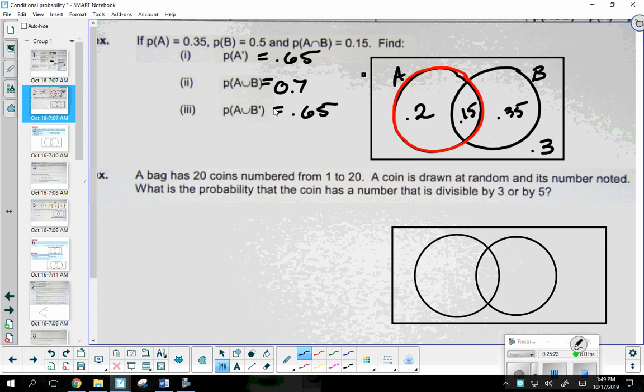0.65. Okay. So when you're looking at these kinds of ones, if you're going to just shade it in, the first thing I'm going to do, I want A union B complement. So I'm going to shade in A first. Okay. But then I want to take everything outside of B. Now remember, in this instance, even though the intersection belongs to B, we're still going to include it in that union.